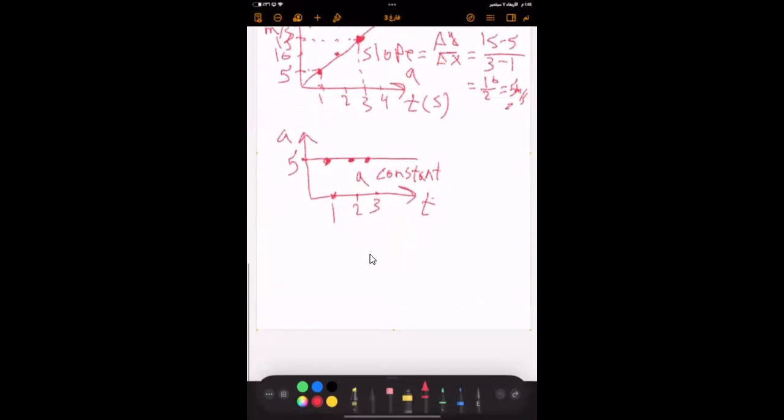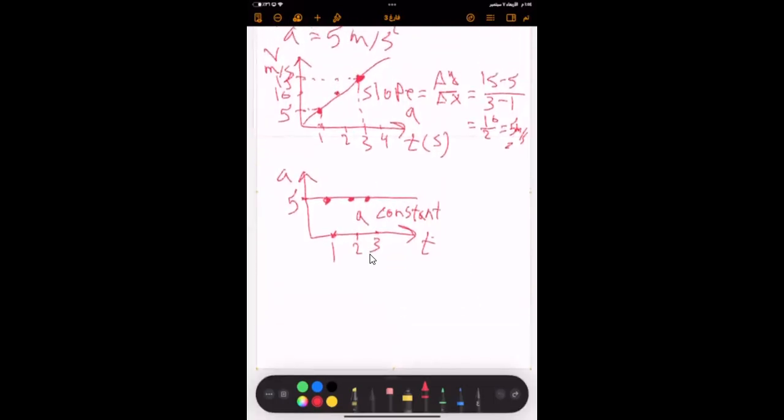If we wanted to draw a position-time curve also for a constant acceleration motion, what will we have?